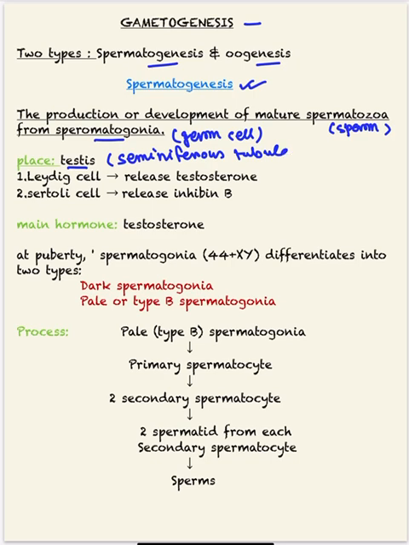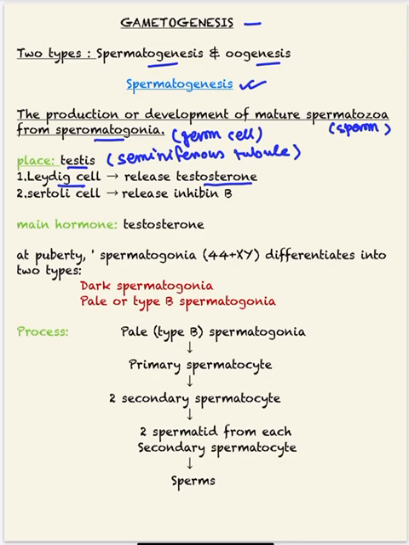The interstitial compartment contains Leydig cells and the Leydig cells release testosterone. Except this, there are some fibroblast cells and neurovascular tissue in the interstitial compartment.